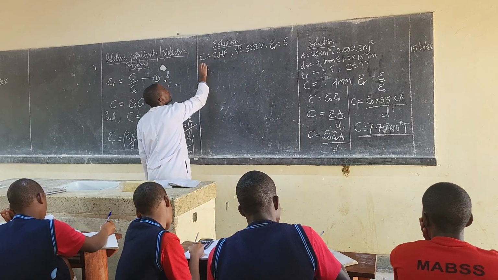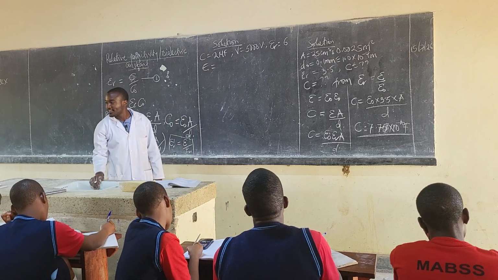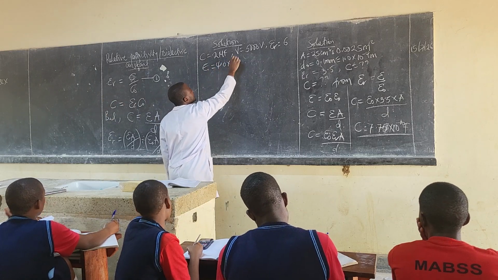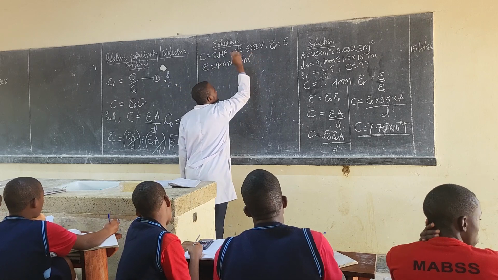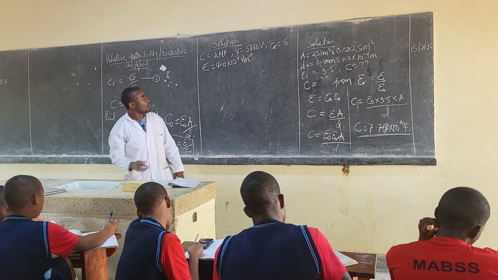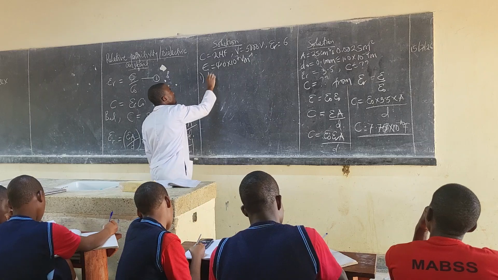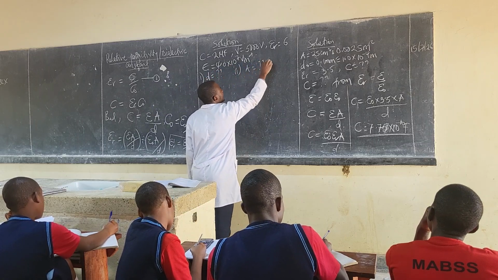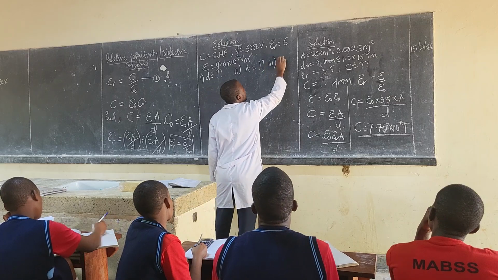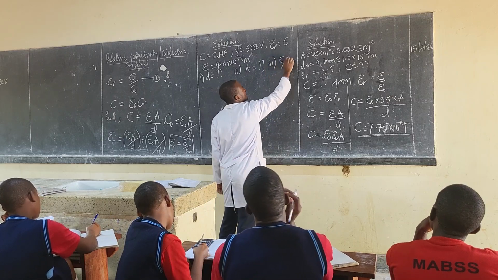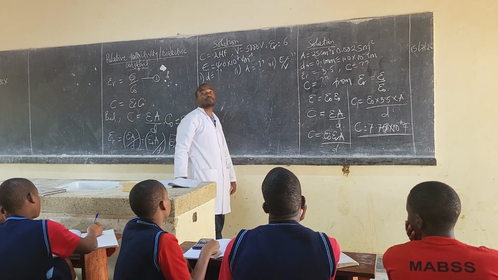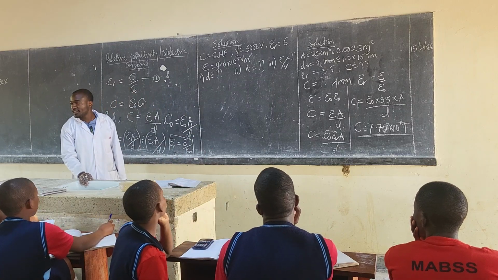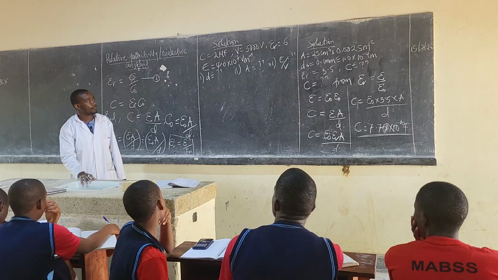We also know the electric field intensity, 4 exponent 7 volts per meter. Now, we're supposed to find 1, the separation D, 2, the area, and then 3, the energy per unit volume. This one we shall solve later on after looking at the energy and energy per unit volume stored in a capacitor.